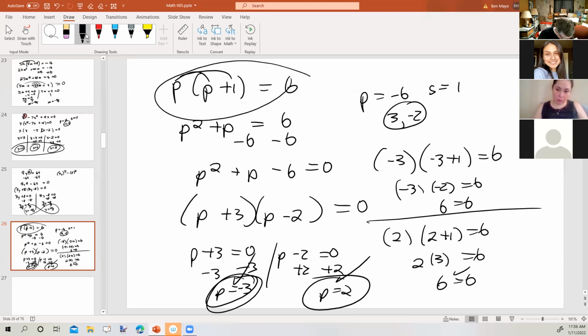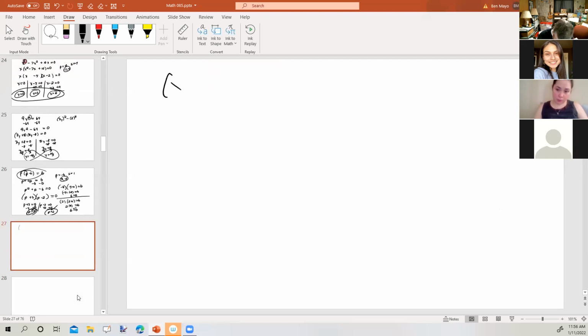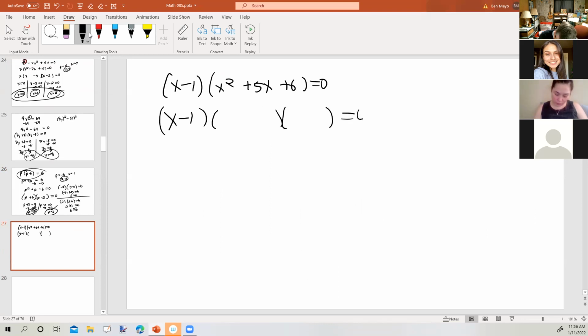Let's see here. How about this one? x minus 1 times x squared plus 5x plus 6 equals 0. Well, this has been factored partially already, that x minus 1, but I believe we can factor the rest of it even further.